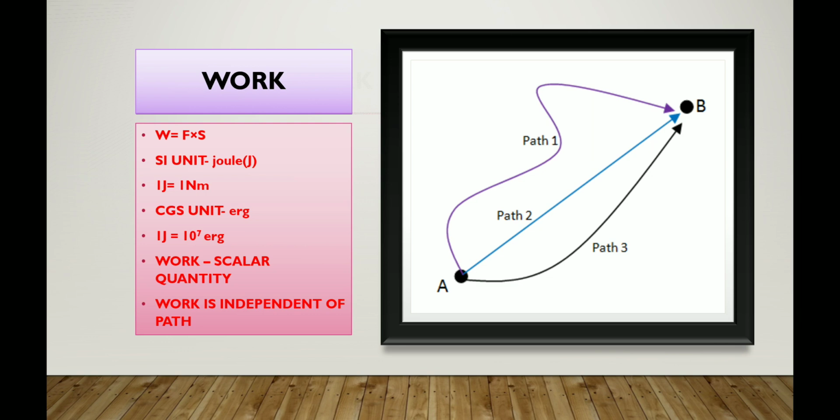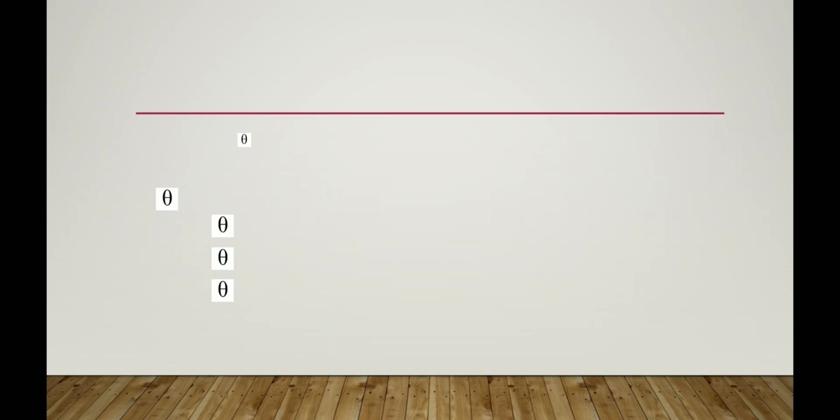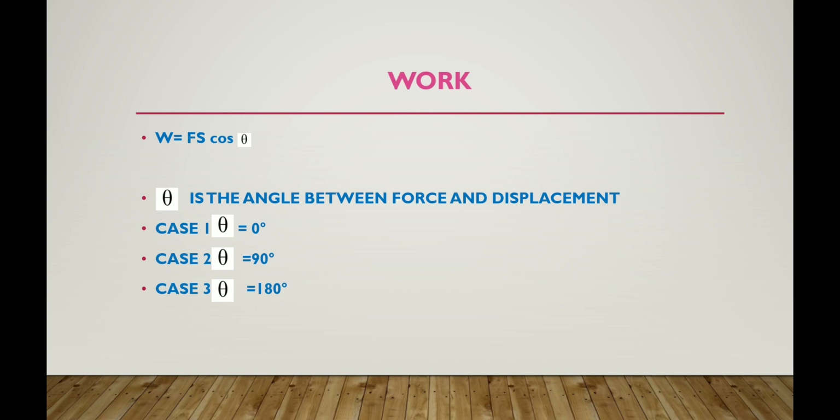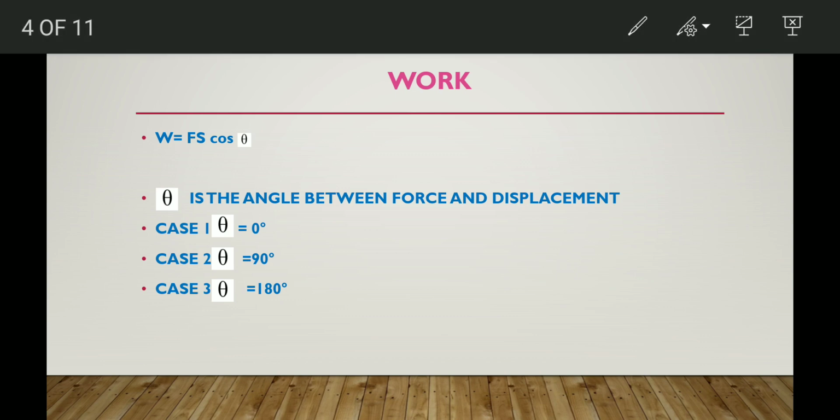Also, work is a scalar quantity, that means it is independent of the direction of the displacement. There can be certain situations or circumstances when displacement is not along the direction of force.